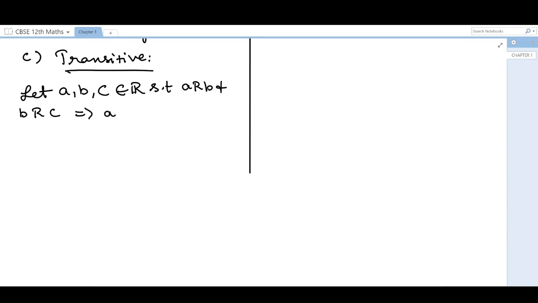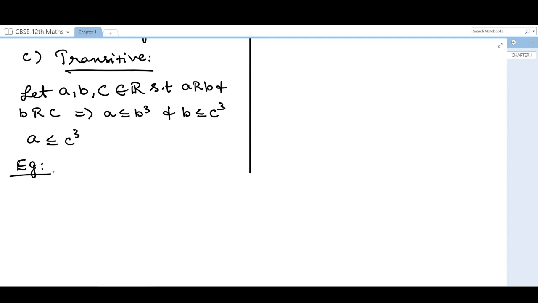So this implies A is less than or equal to B cube and B is less than or equal to C cube. From this we have to prove A is less than or equal to C cube. Right? This is not true in general.